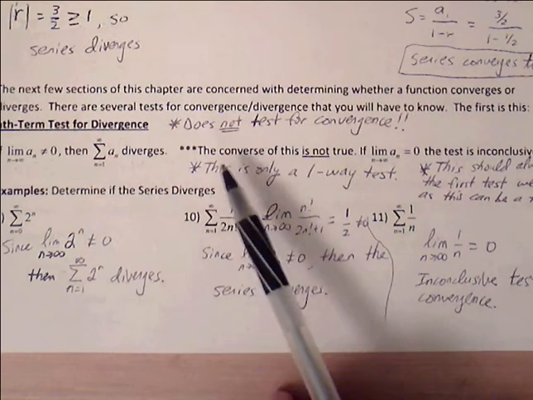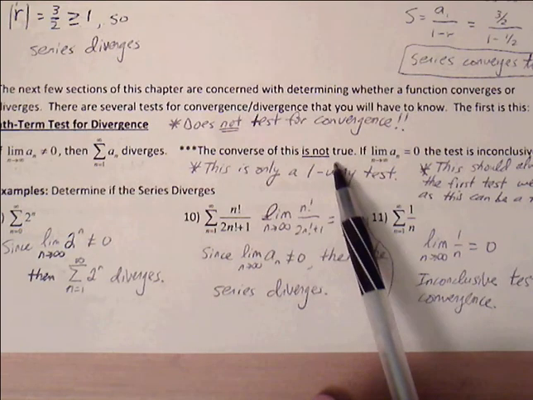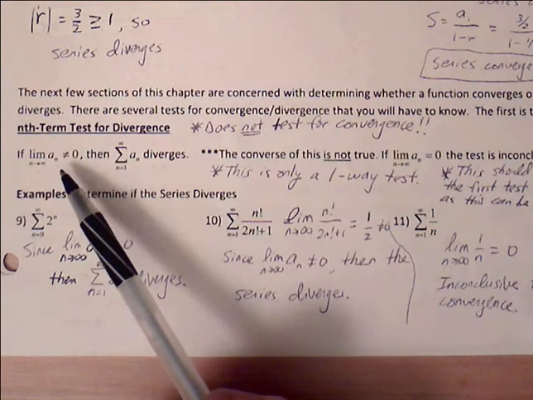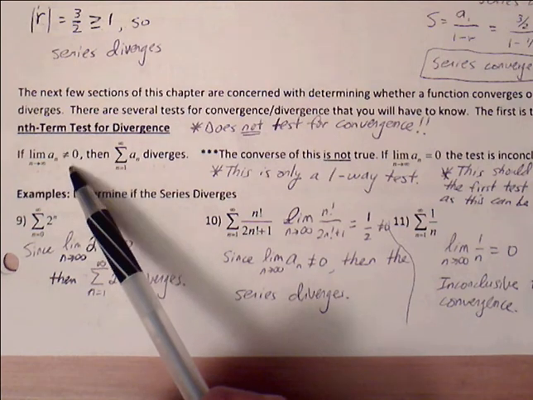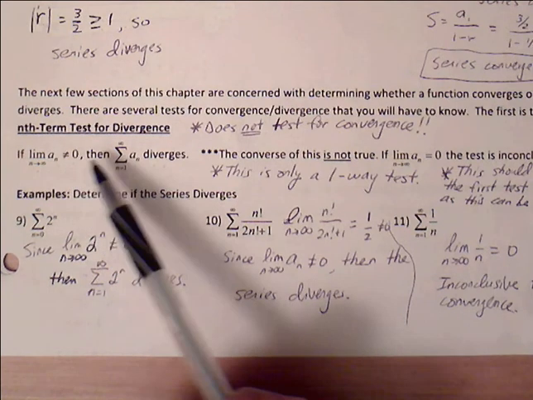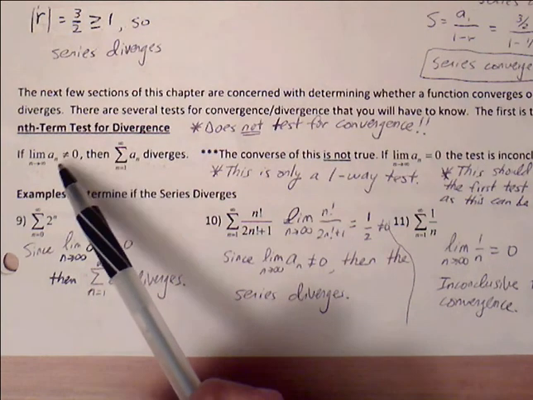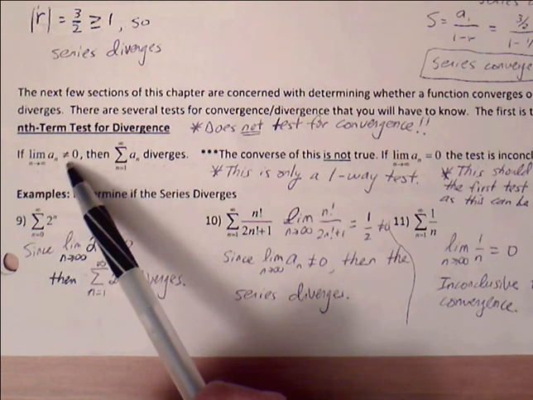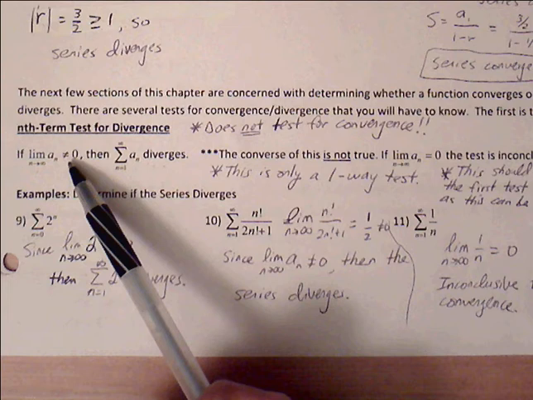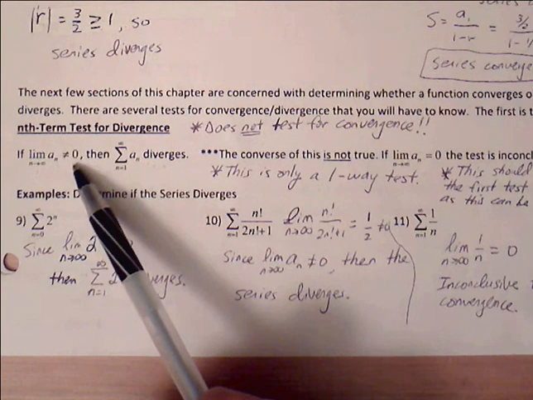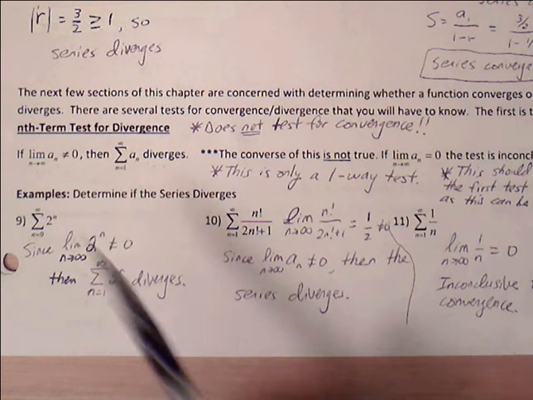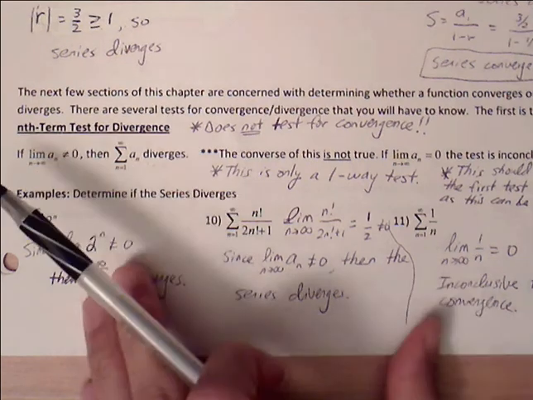However, the converse of this is not true, which means that if we show that the limit of a sub n equals 0, then this test is inconclusive, because just because the limit of our sequence is approaching 0, it's not strong enough to tell us whether the series will converge or diverge.